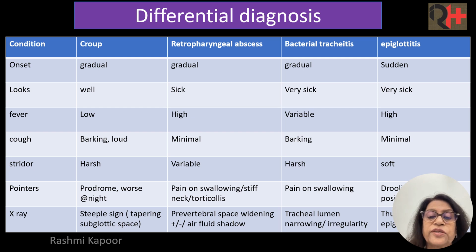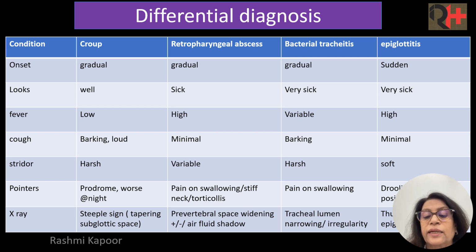Now, what is the differential diagnosis of croup? The closest differential diagnoses are retropharyngeal abscess, bacterial tracheitis, and epiglottitis. The onset in croup is gradual, and in retropharyngeal abscess and bacterial tracheitis it is also gradual, because there is a preceding upper respiratory tract infection followed by this bacterial infection.